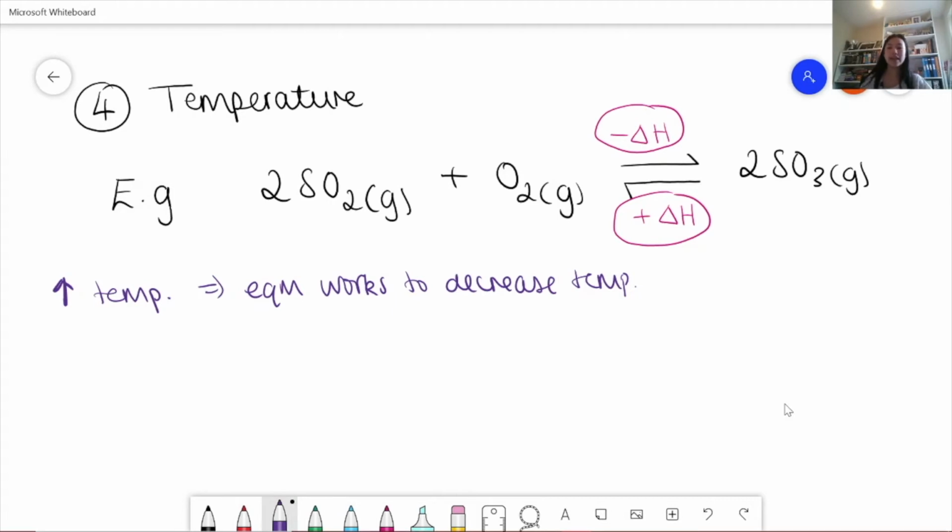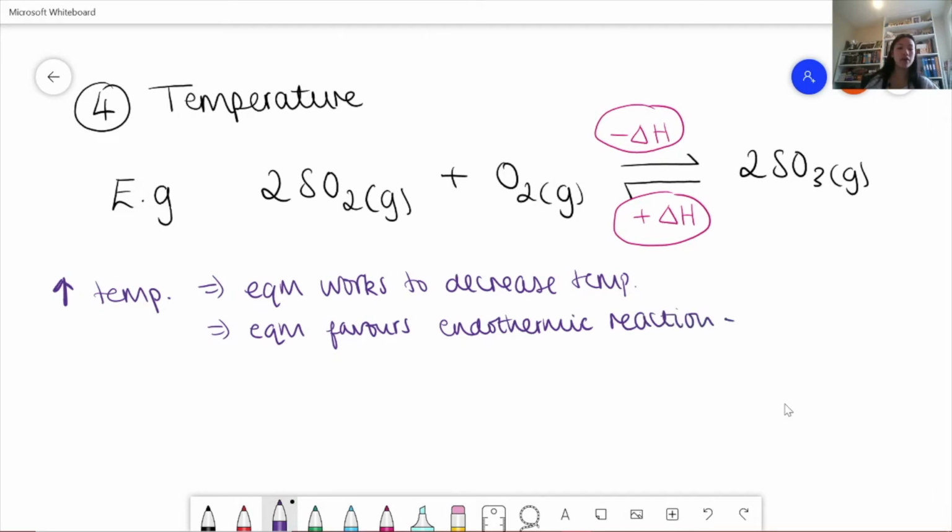So that means that the equilibrium favours the endothermic reaction, which in this case is the back reaction. But of course that will be different for different reactions.